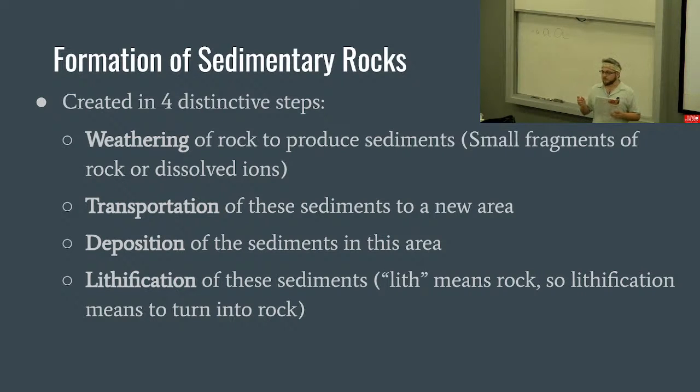For example, with limestone, if rain falls down into a cave and goes over limestone, eventually the acids from the decomposing plant matter melt down the limestone a bit, but not really. It takes some of the calcium carbonate and then transports it somewhere else. We'll get into that with transportation. So that's the next step.